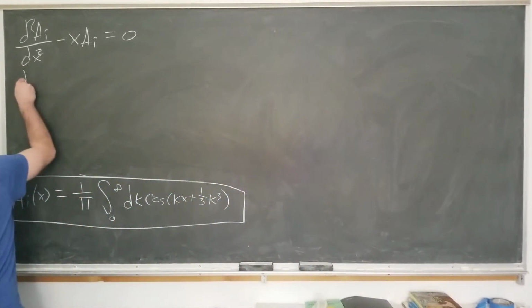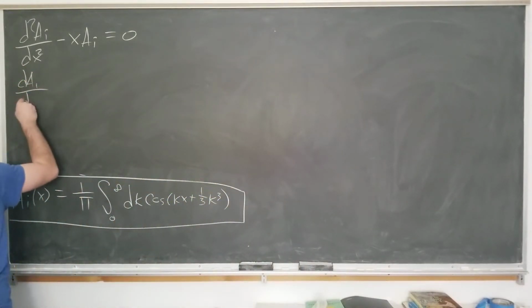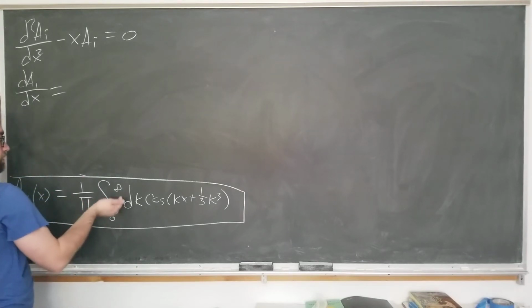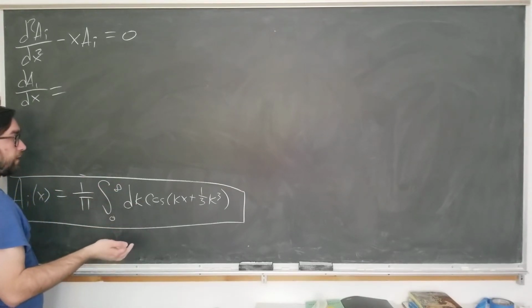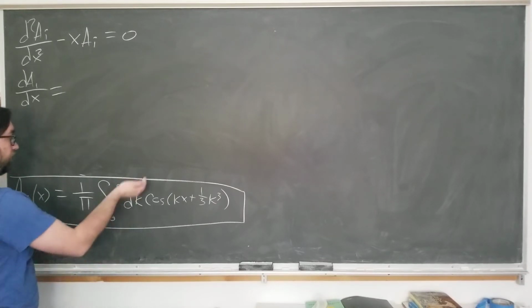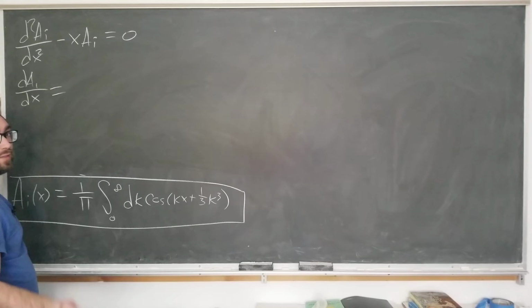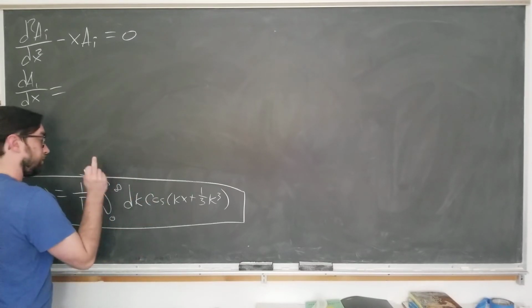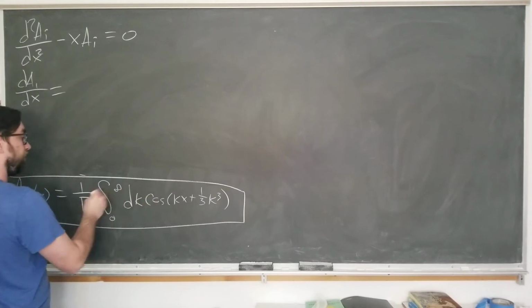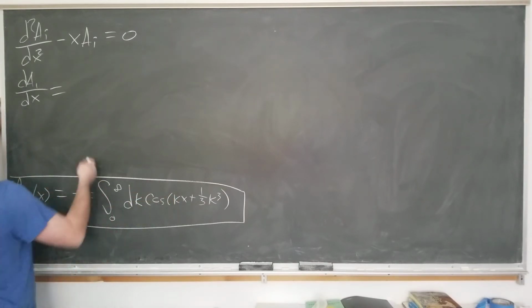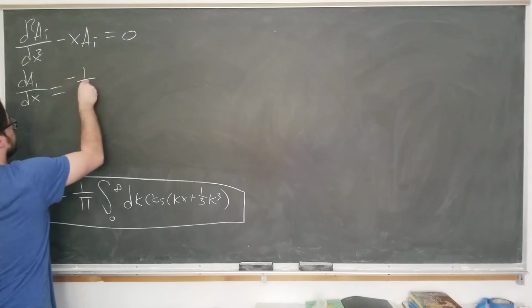So first derivative with respect to x, we're going to assume that we can take the derivative inside the integral sign. We're going to assume that all of the conditions are met for these functions since we are physicists in this video. And when we do that, we have to take the cosine to minus sine and bring out a factor of k since we're differentiating with respect to x.